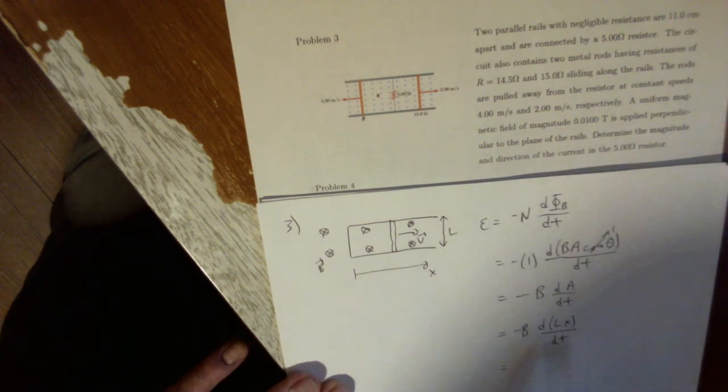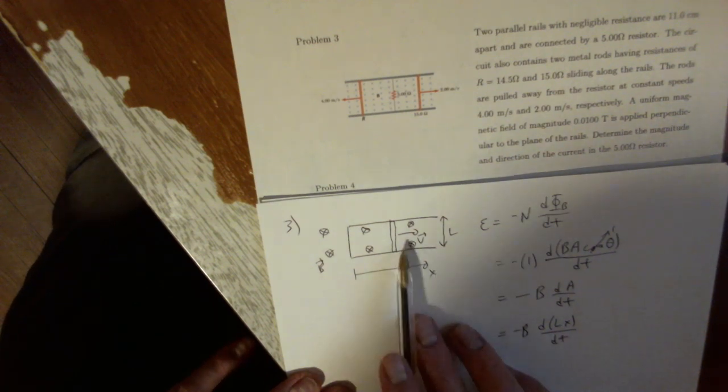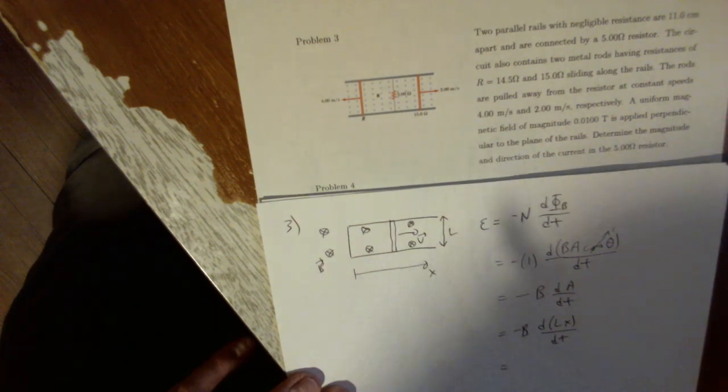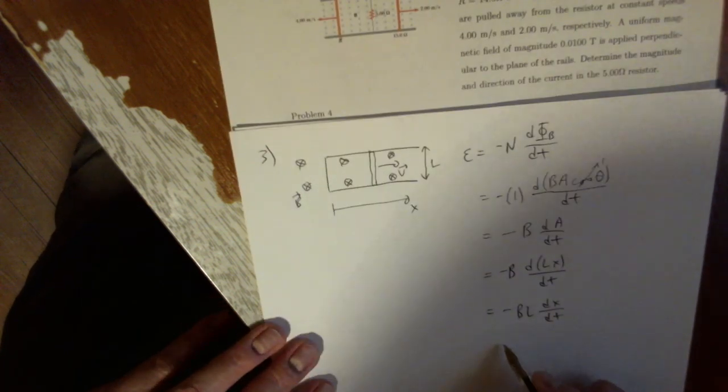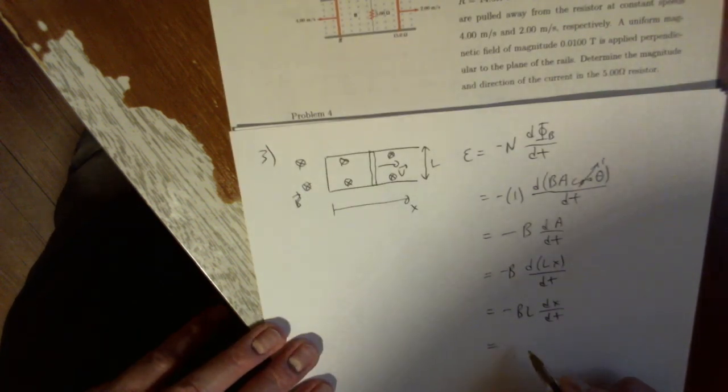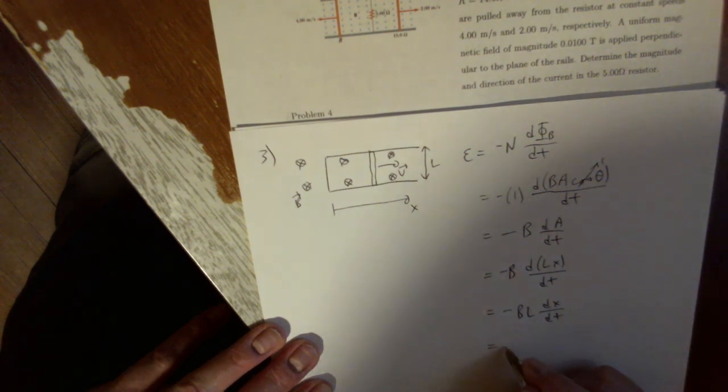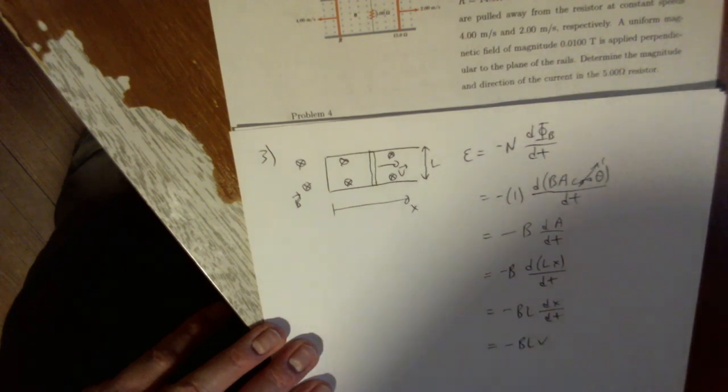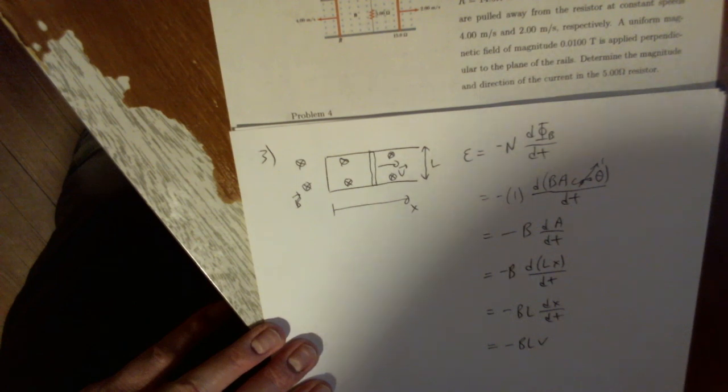And L is constant. The bar isn't getting any longer. So it's minus BL dx dt. And dx dt, if you remember from physics 1, is velocity. So minus BLV is the EMF. And the magnitude of that is just BLV.